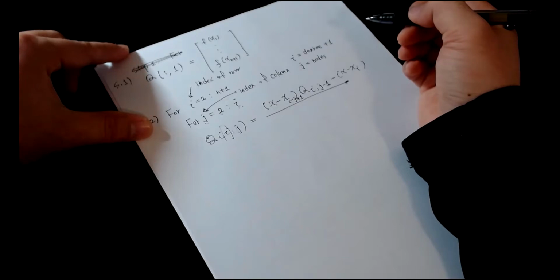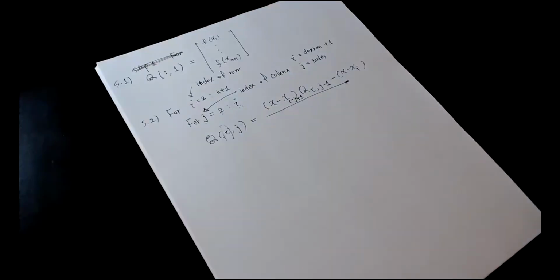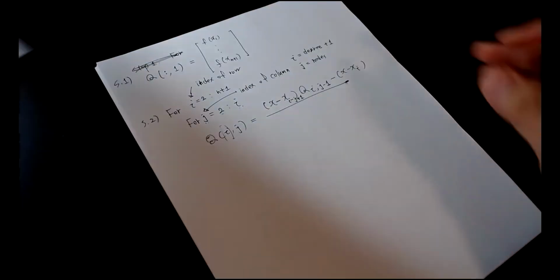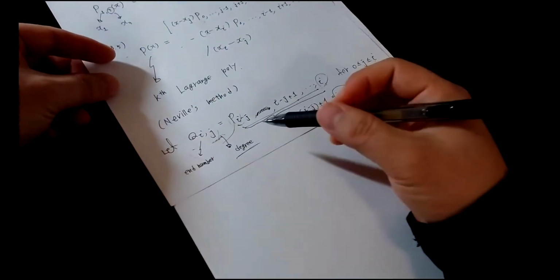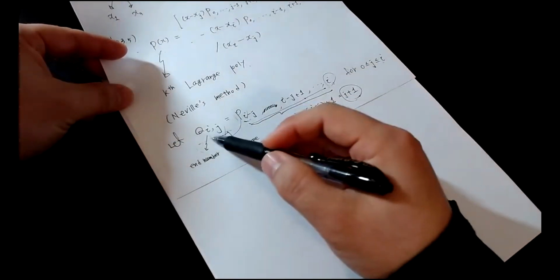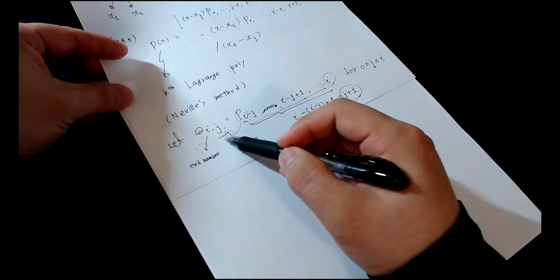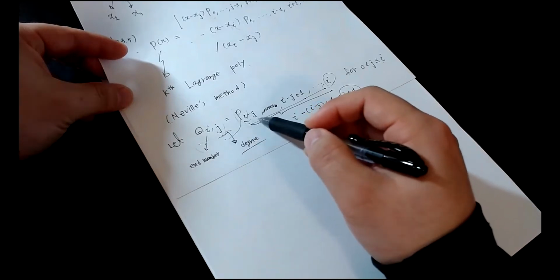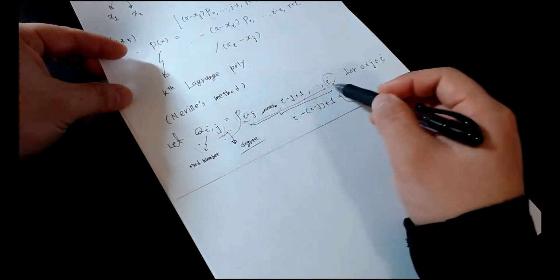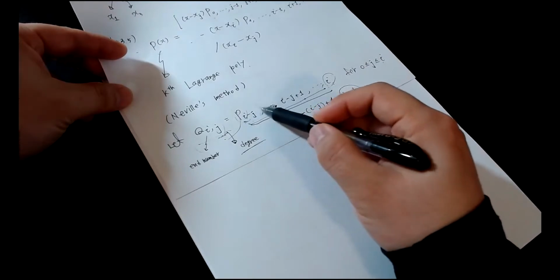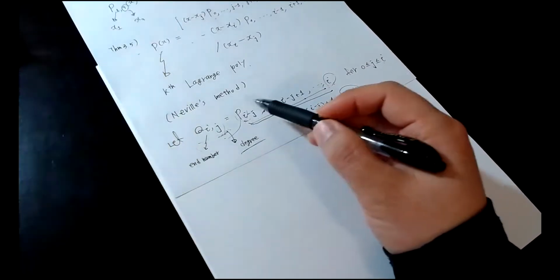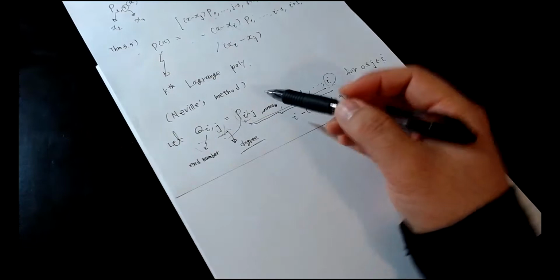Because look at this here: q I comma j is equal to p sub I minus j through the I, right? So I minus j is going to be index j in theorem 3.5.